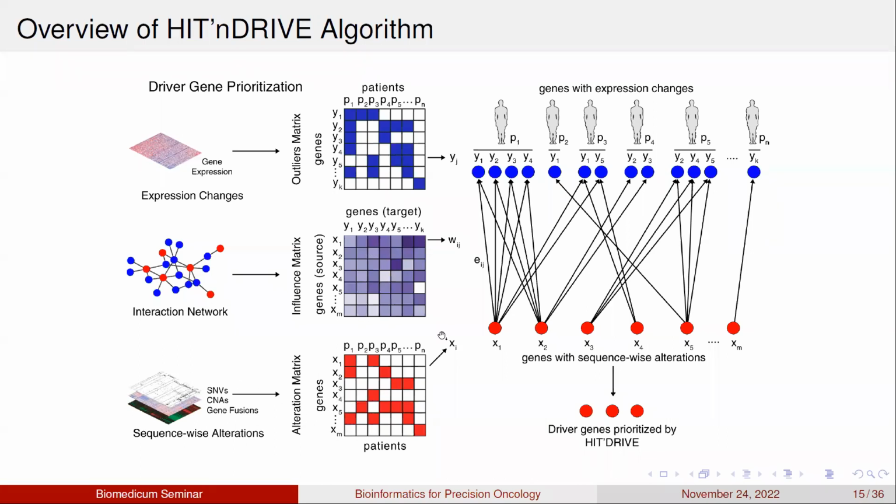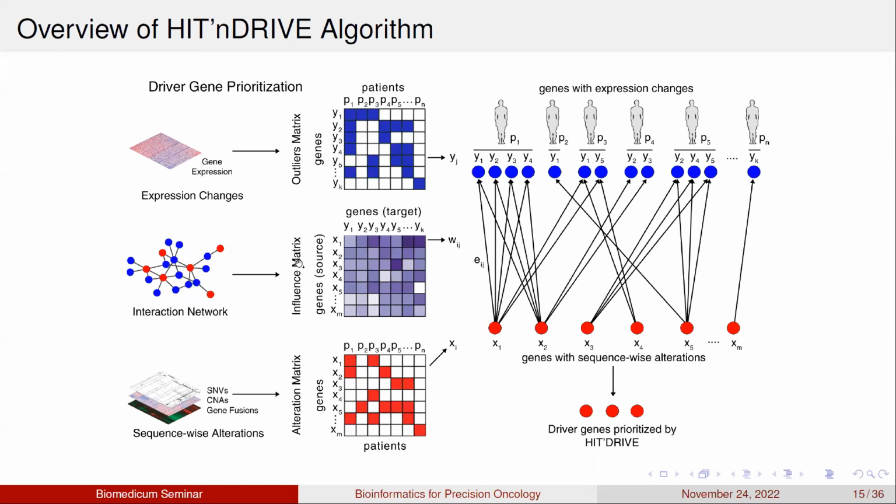And for the same patient, we profile the expression or the activity of individual genes, and we can identify which of those genes are changed, or which of the genes are differentially expressed. So this information can also be represented in the form of a binary matrix of patients versus the genes.